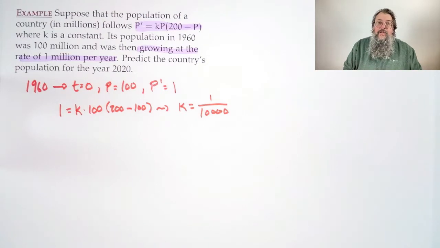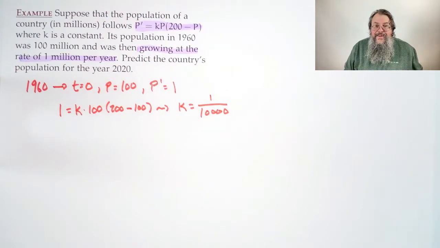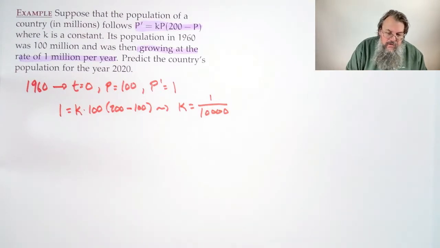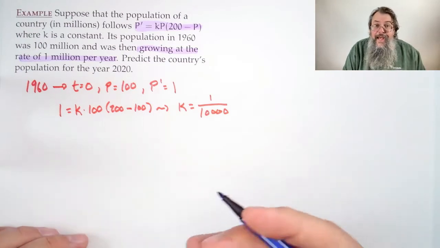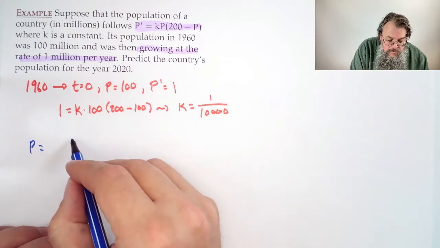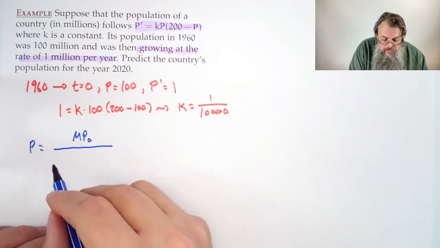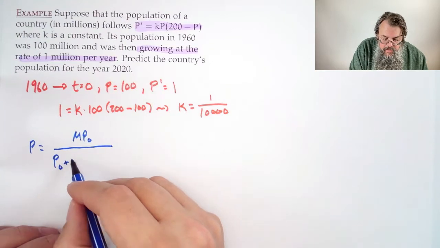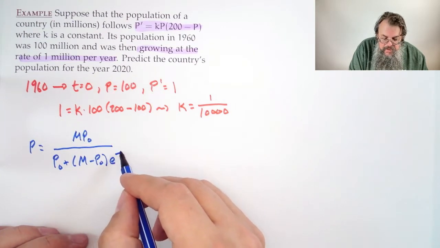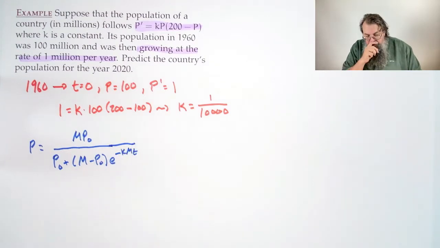Well, now we'd have to solve this differential equation, except we've already solved it. We know how it works in general, so we pull out the formula. The generic formula is P of t equals M P0 over P0 plus (M minus P0) e to the minus kMt. Excuse my voice.